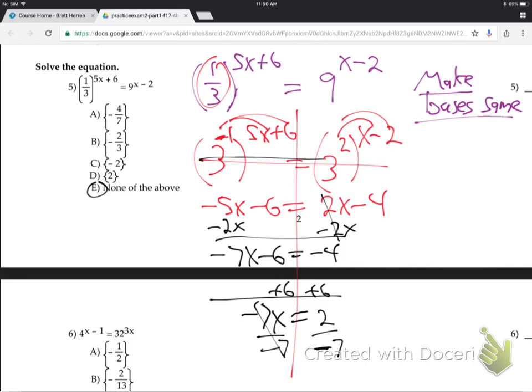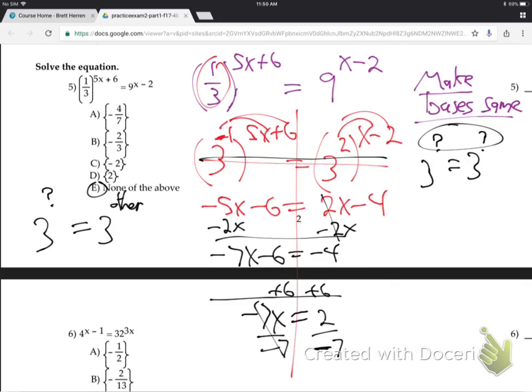Oh, we canceled them out because remember how we did that earlier? If I said 3 to some power is equaling 3 to some other power, those powers have to be equal, or 3 to one of them wouldn't equal 3 to the other. Remember the logic there? If I say, hey guys, I'm thinking of some power. When I go 3 to that power, I get the same thing as if I do 3 to this other power. Well, that other power has to be the same as the original power, or 3 to one of them wouldn't equal 3 to the other if they were different, right?